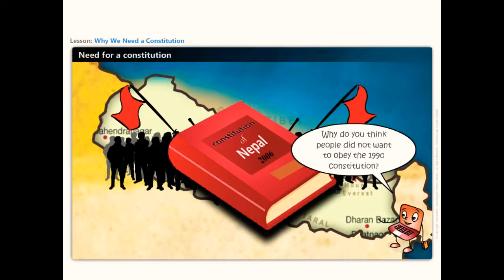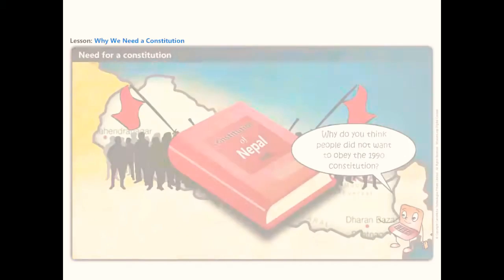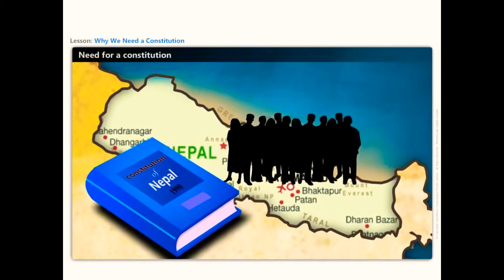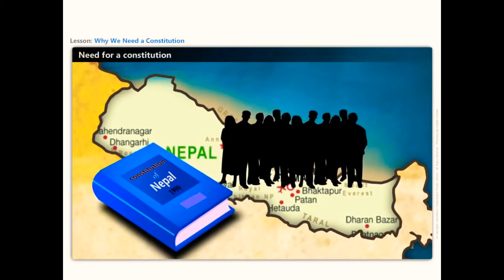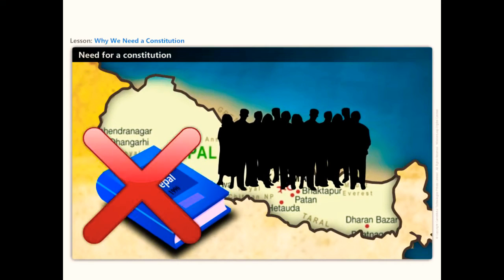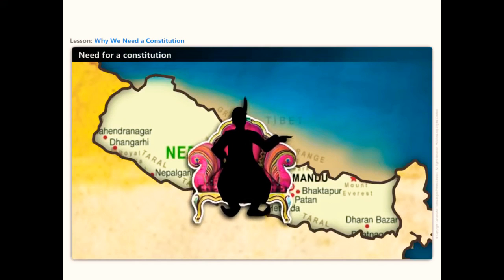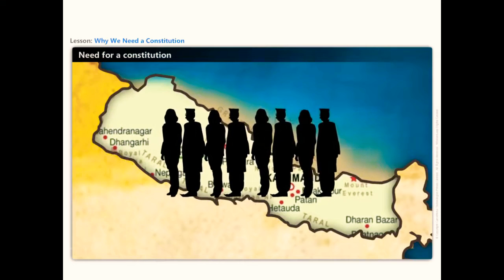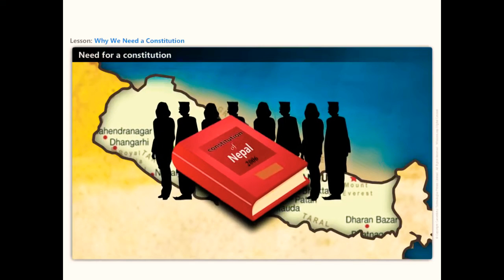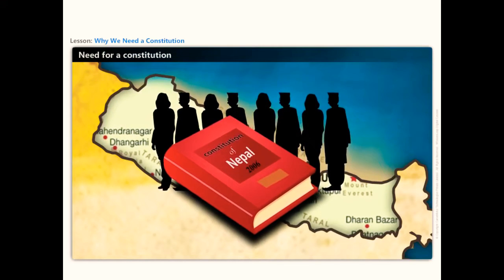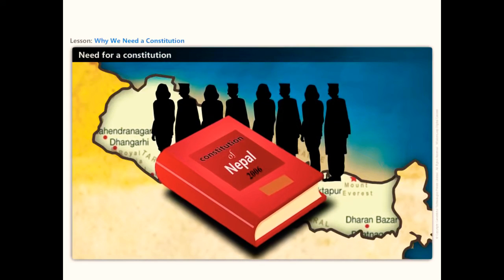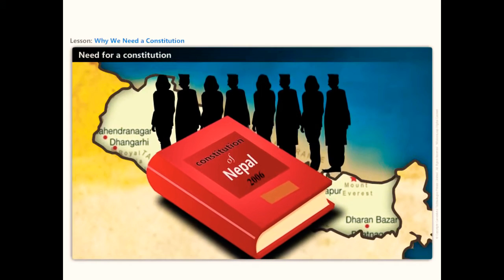Why do you think people did not want to obey the 1990 constitution? The Nepal population did not want to continue with the previous constitution because it did not reflect the ideals of the country that the people wanted it to be. While moving from a monarchy to a democratic government, the constitution plays a crucial role in laying out certain important guidelines that govern decision making.